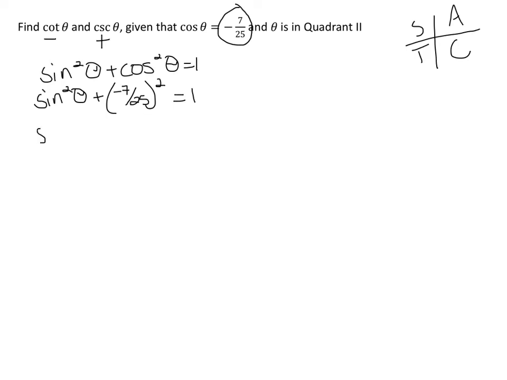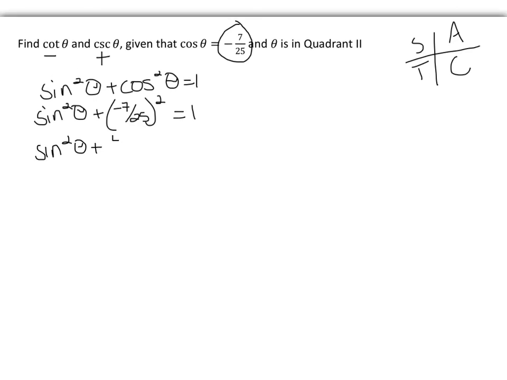So this becomes sine squared of theta plus negative 7/25 squared, which will become 49/625.